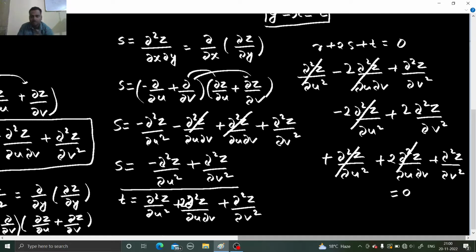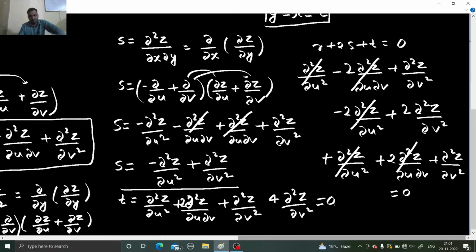With this, del 2z by del v square is what remains. And how many times? 1, 2, 3 and 1, 4 times. So 4 times del 2z by del v square is 0, because r plus 2s plus t was 0.